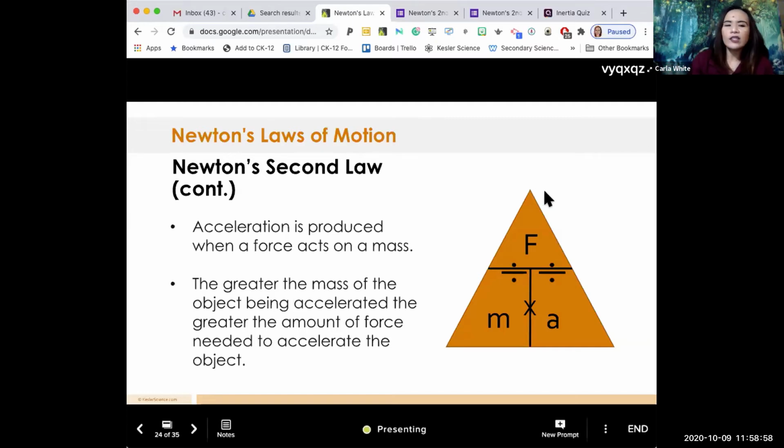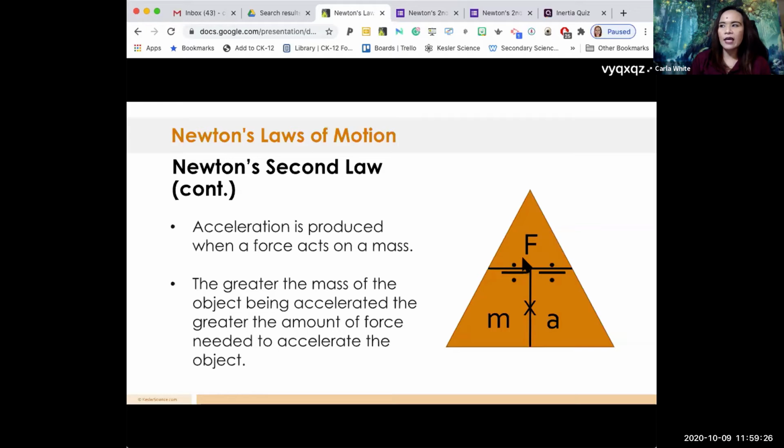So let's start first by, what if we are looking for the force you need to move an object? So that is your letter F at the top. So your F at the top, we cover it with our hands. So use your hands and cover the top, right? And we are left with two other letters, the M and the A, right?